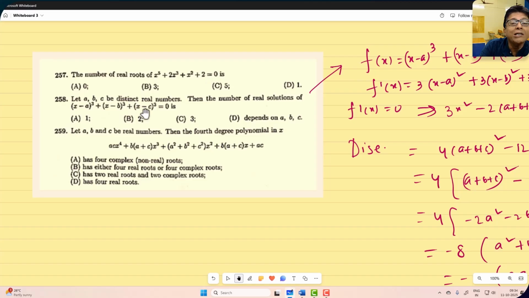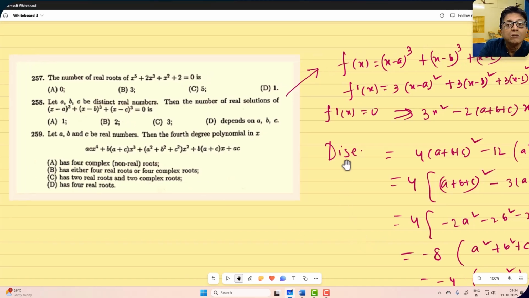Coefficients are all real numbers. So, it can have real root, can have complex roots. But it is proved that f dash x equal to 0 has no real root. So, maximum possibility of getting fx equal to 0, only one real root.